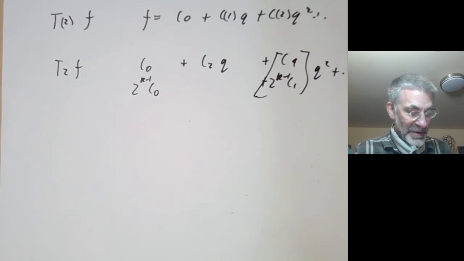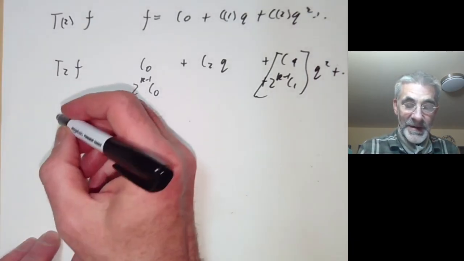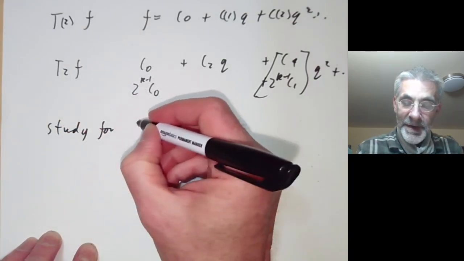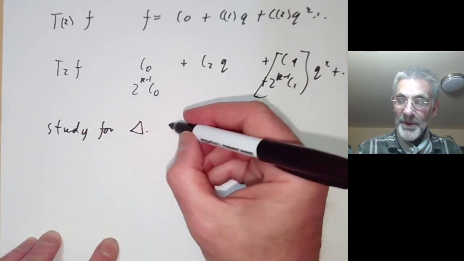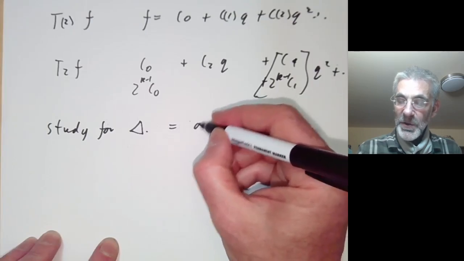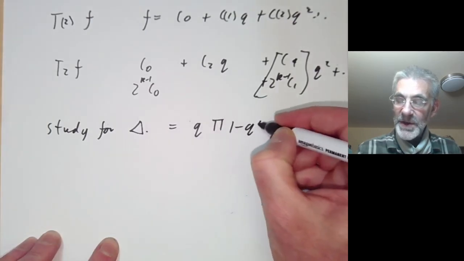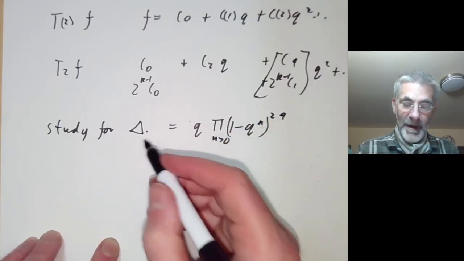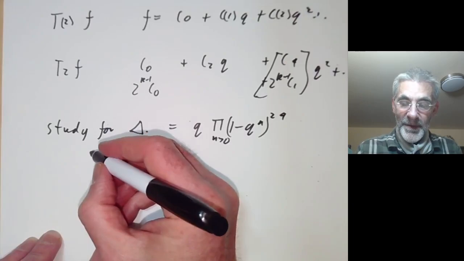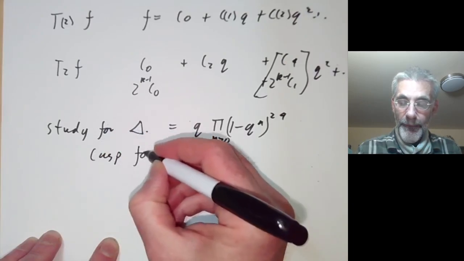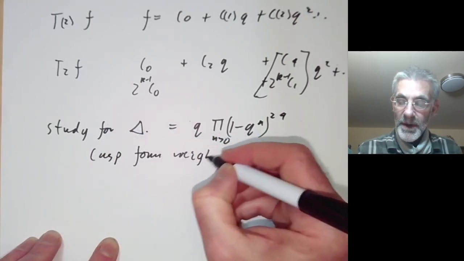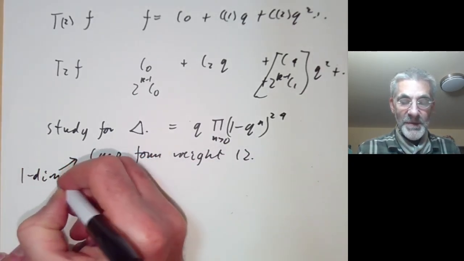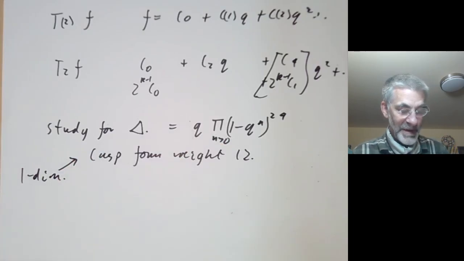And what we're going to do now is to just study this for the discriminant form delta. You remember delta was equal to q times the product of 1 minus q to the n, all to the 24. It's a cusp form of weight 12, and the space of these is one-dimensional, spanned by the discriminant delta.